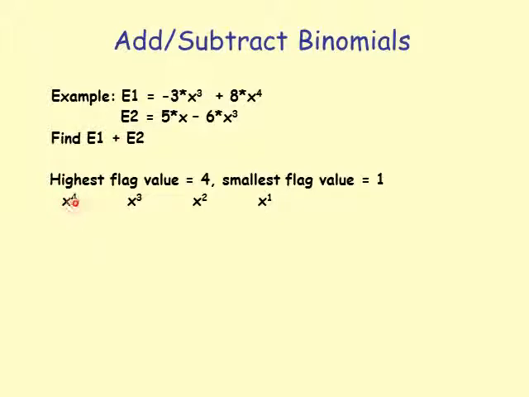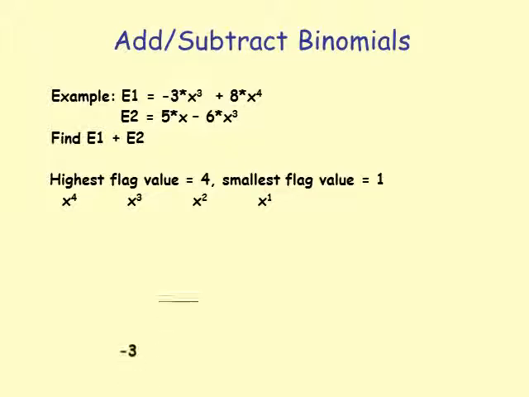We would collect all the terms with a flag value of 4 under the x fourth column, and all the monomials with a flag value of 3 under the x cubed column, and all the monomials with the second power of x under the x squared column, and all the monomials with the flag value of 1 under the x power 1 column.